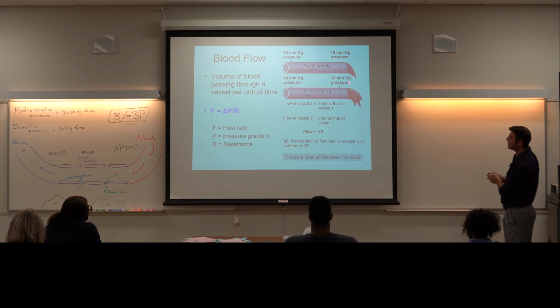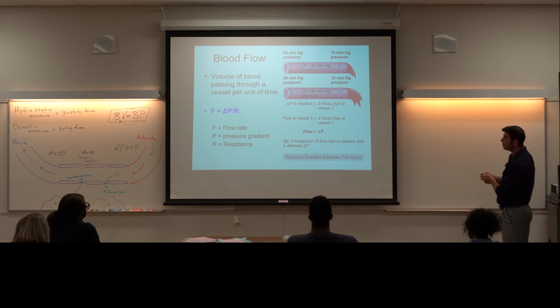And if we think about what is different between these two vessels, in this first vessel we have, from the beginning end of the vessel to the end of the vessel, a difference in pressure of only 40 millimeters of mercury. So we have higher pressure at one end, lower pressure at the other. Blood flows from high pressure towards low pressure, and it flows faster if there is a steeper gradient.